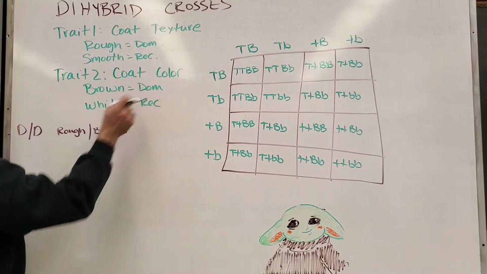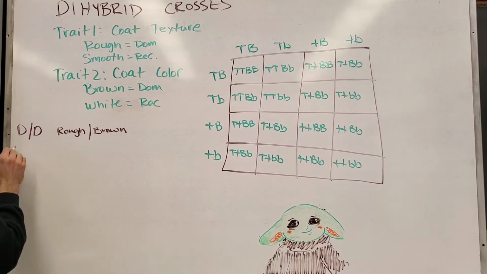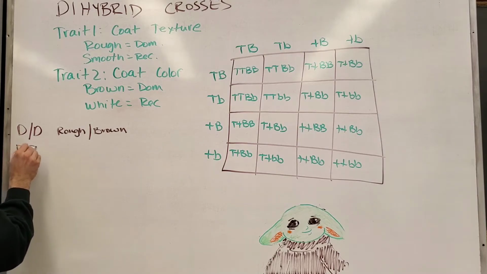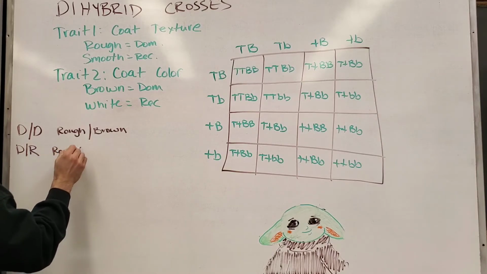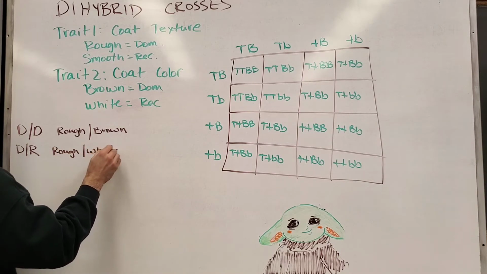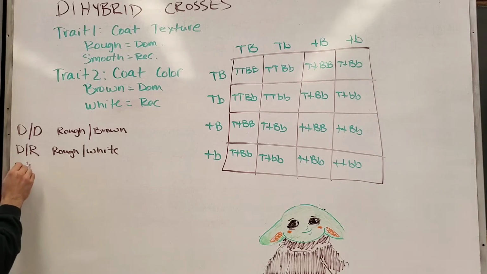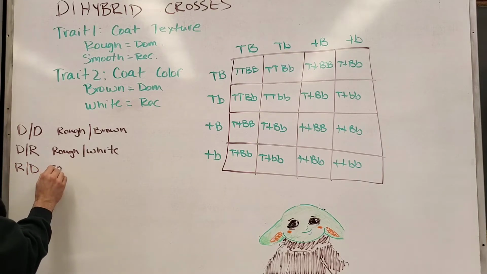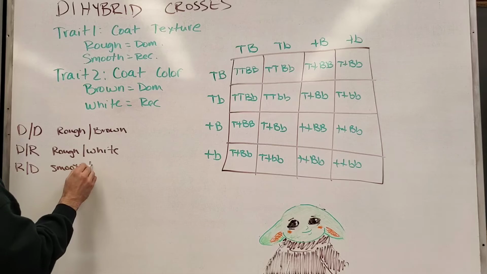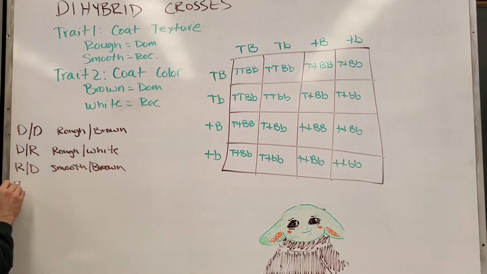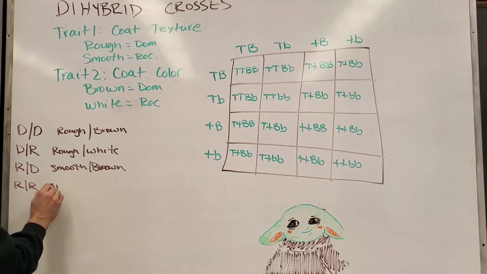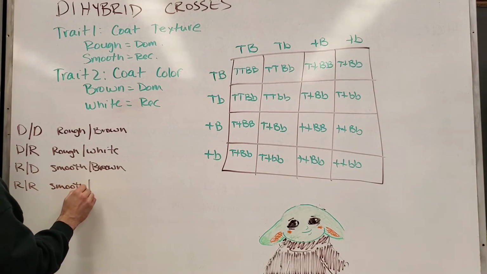The next combination is first trait dominant, second trait recessive. That is going to be rough with white. The next combination is recessive, dominant. That will be smooth with brown. The next combination is recessive with recessive, and that will be smooth with white.